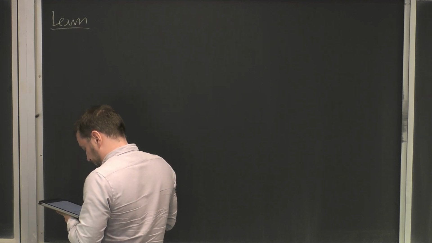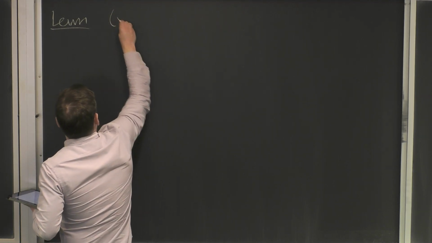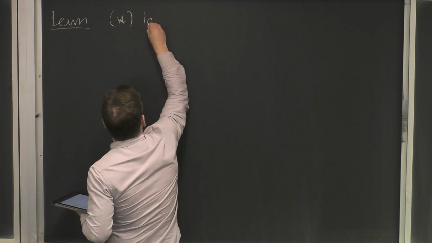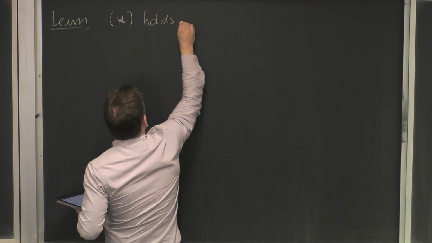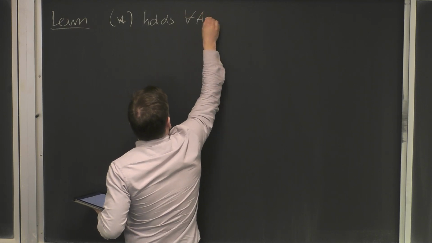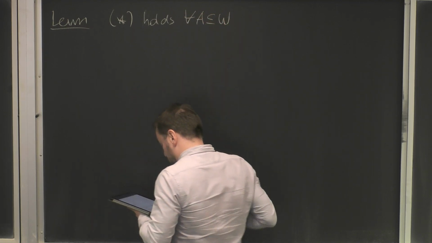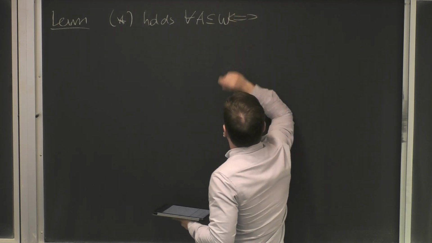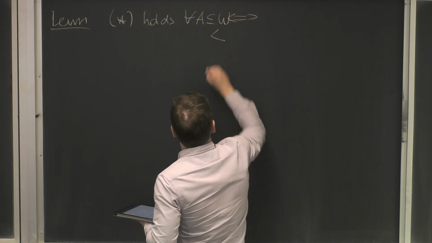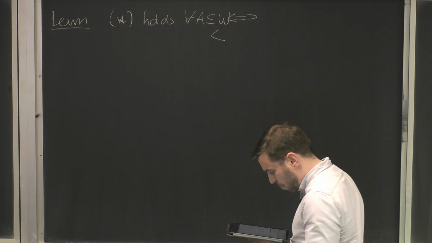So what is this lemma? The lemma says that if star holds for any A subset of W, and this is equivalent to the vanishing of some correlation function.